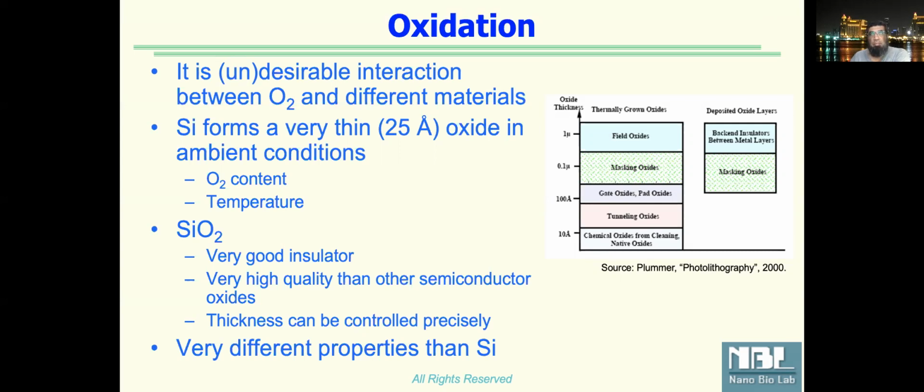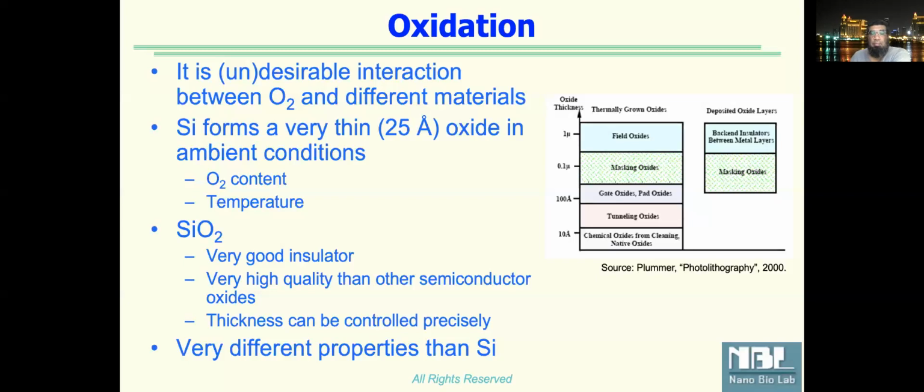Here, this chart shows that if it's 10 angstrom, that's just oxide, which is what we call as native oxide, which may happen during the cleaning process or during any heat treatment. But then 100 angstrom would be what we would use as insulator in the gate area of a transistor. Transistor, we know there is source, drain, and gate. Three parts. So gate is where we have to grow very thin oxide.